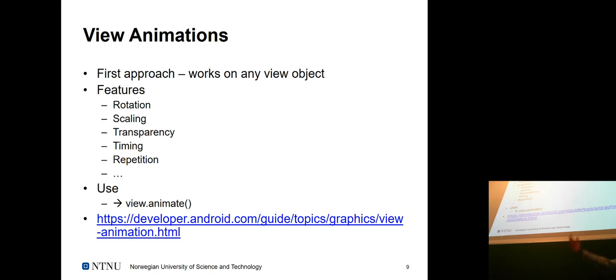Buttons and all the elements that you're using inherit from the view class and correspondingly its properties, which includes, for example, positioning, mostly in orientation. And the idea is, can we have a generic animation framework that operates on any view object, basically? That's precisely what the view animations were about.